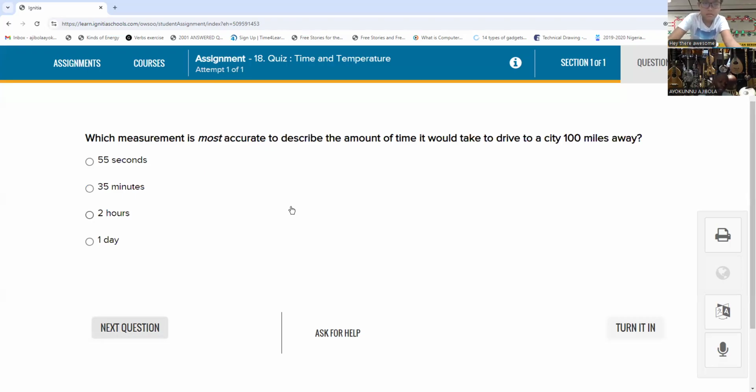It depends on if you are driving at a constant speed of 60 miles per hour. 60 miles in 1 hour. It cannot be a day, it's around 2 hours, okay?